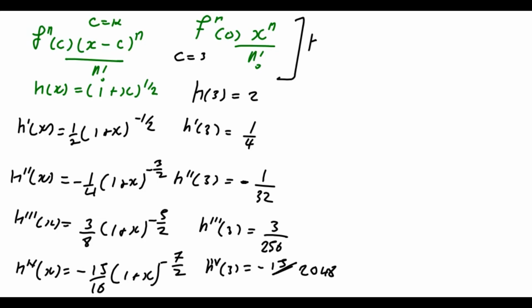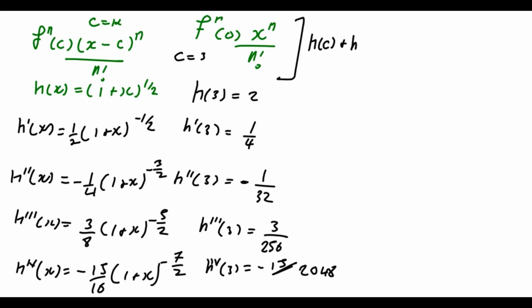You're going to start with h of c, of which we have substituted, which is a 2. Then you say plus h prime of c multiplied by x, it's like x to the power 1 divided by 1 factorial, plus h prime prime of c. Sorry, just a minute, I forgot something here.